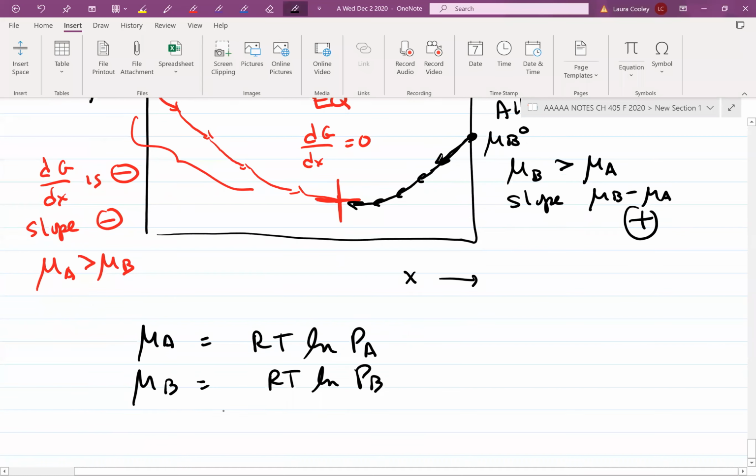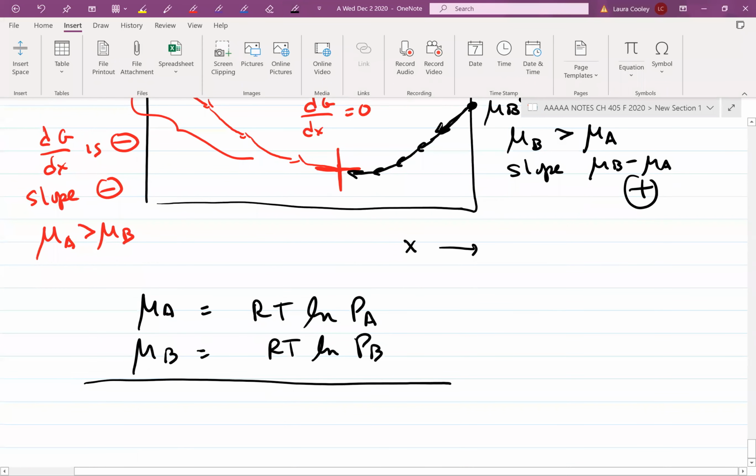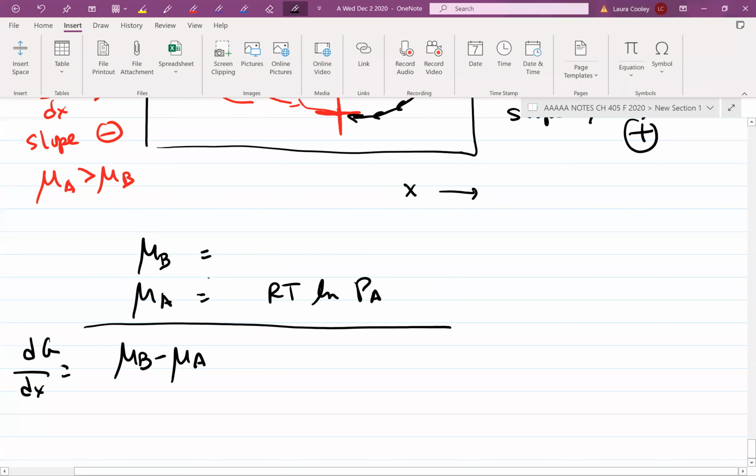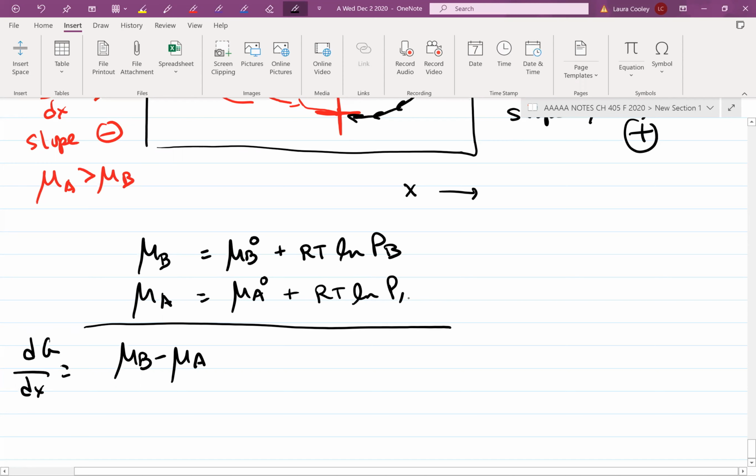I'd rather write this with the B's on top, because I'm going to subtract them, because I know my dG dx is mu B minus mu A. So I'll subtract them term by term.